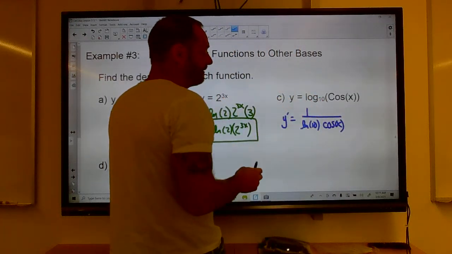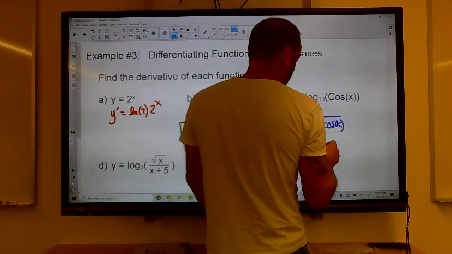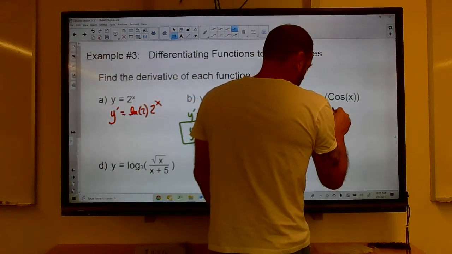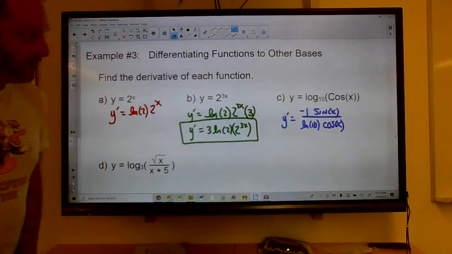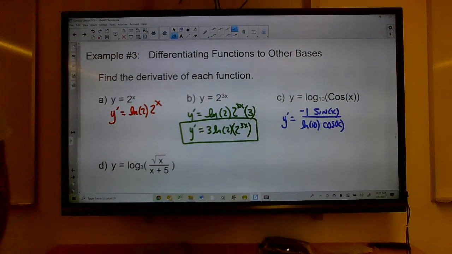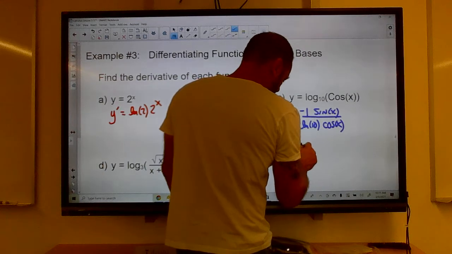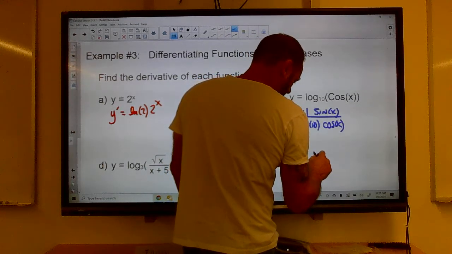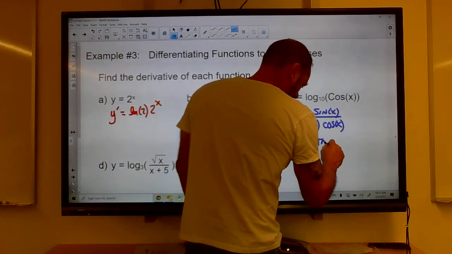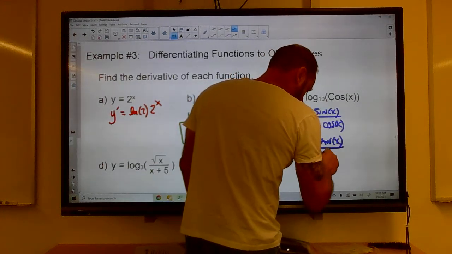And then I've got to take the derivative of cosine, so that's going to be negative sine. So I'm going to get negative sine x over natural log of 10 times the cosine of x. And then the sine over the cosine is just the tangent.